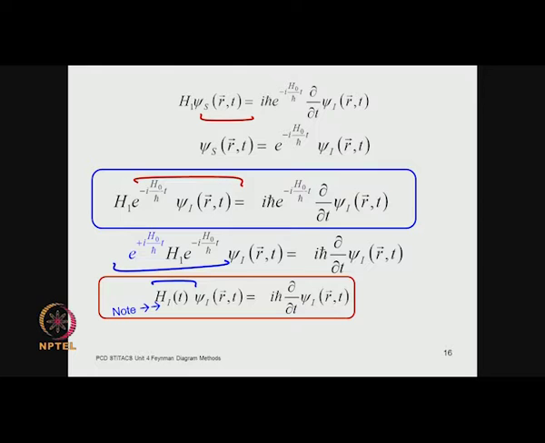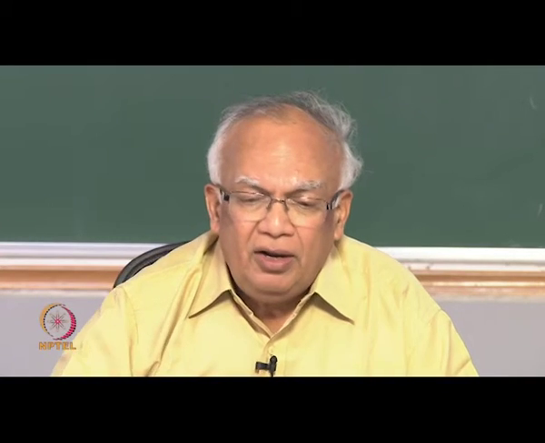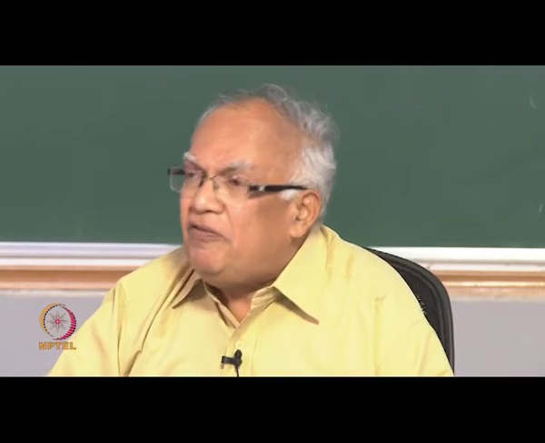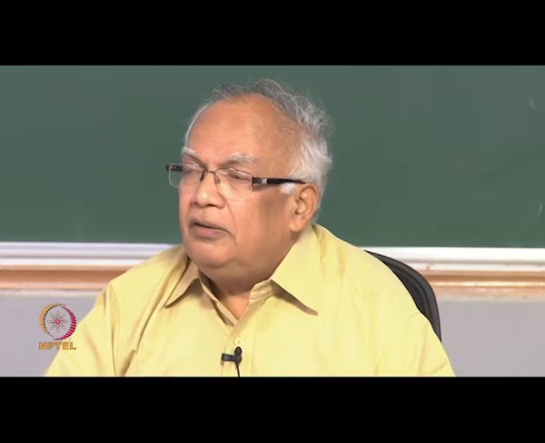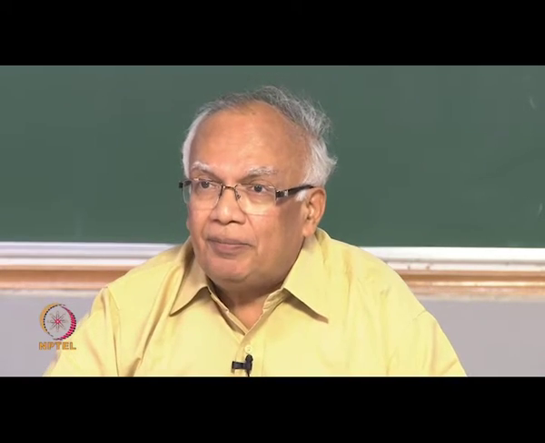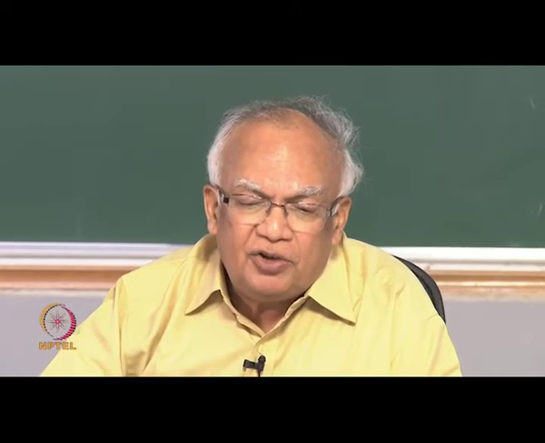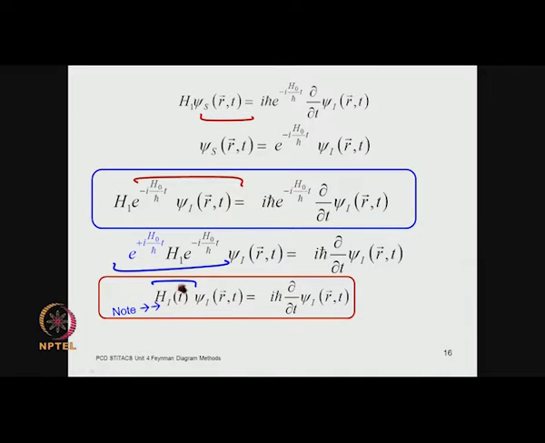The physics is the same. When we looked at a similar relation in the Schrodinger picture, we had the wave functions which had the entire time dependence, we had the operators which had no time dependence, but now you have this interaction picture Hamiltonian.